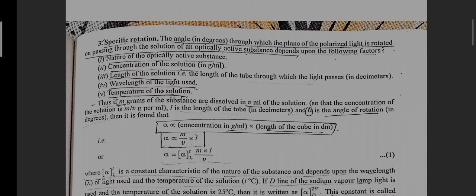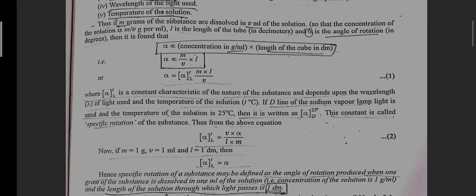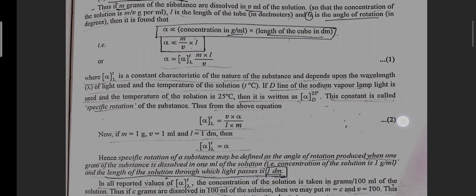Thus, if m grams of the substance are dissolved in V milliliter of the solution, and L is the length of the tube, and x is the angle of rotation, then it is found that alpha is directly proportional to the concentration and length. So this is the derivation.